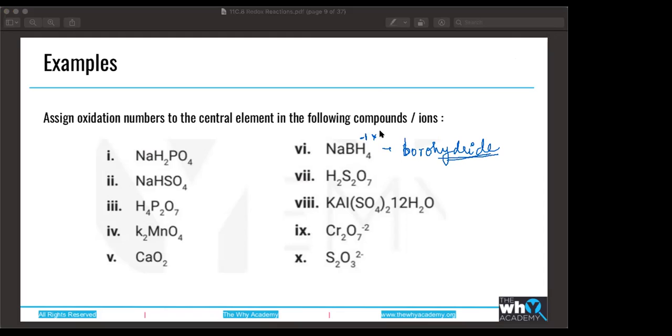Oh, because it's a hydride. Okay, got it. Sorry. Sid and Maya, just take note of it. So based on this, if you calculate, the oxidation number of boron will come out to be +3.